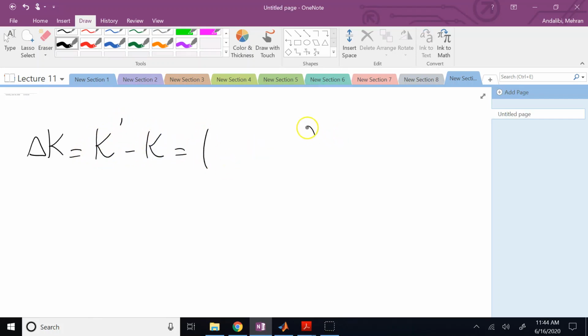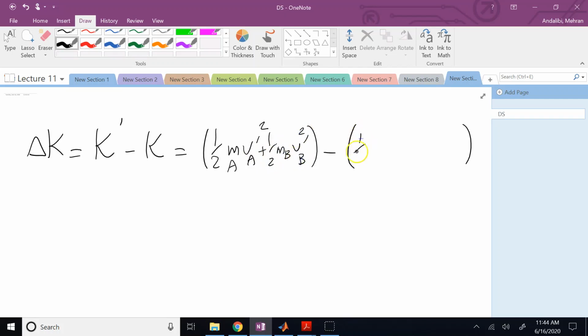And kinetic energy after impact is what? Sum of the individual kinetic energies. So it's 1/2 ma v prime a squared plus 1/2 mb v prime b squared minus the same thing before impact.